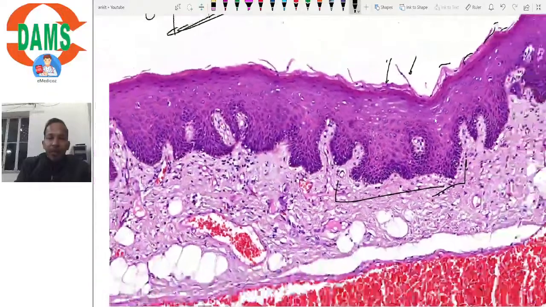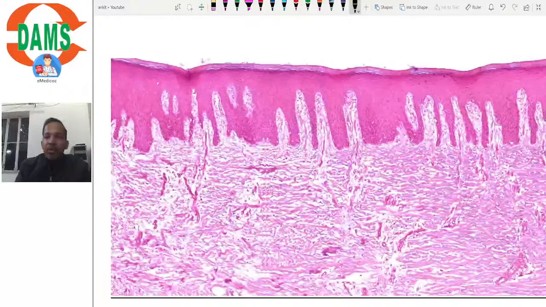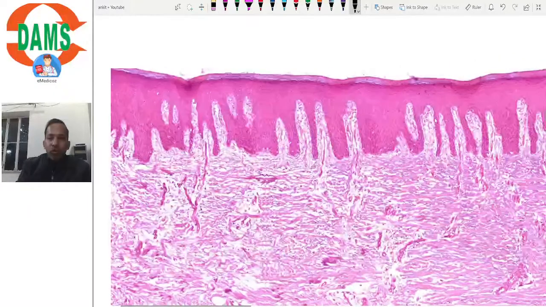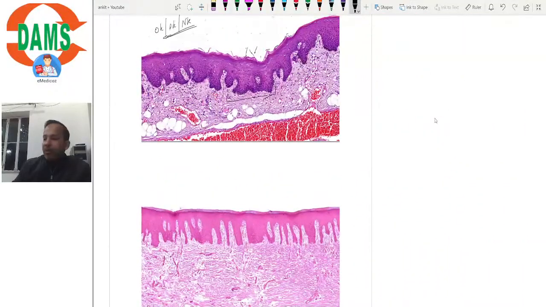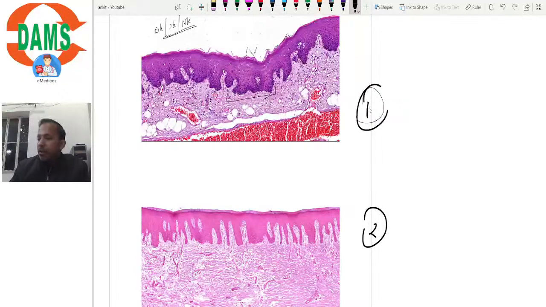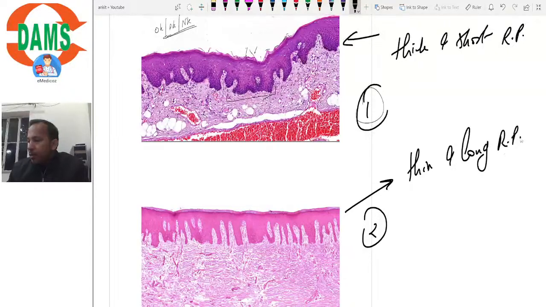Now, when you compare it to actual masticatory mucosa, that is orthokeratinized mucosa, what difference do you notice? Let us zoom in a bit more. Here you can see thick and short rete ridges, but here we have thin and long rete ridges. Where are thin and long ridges seen?